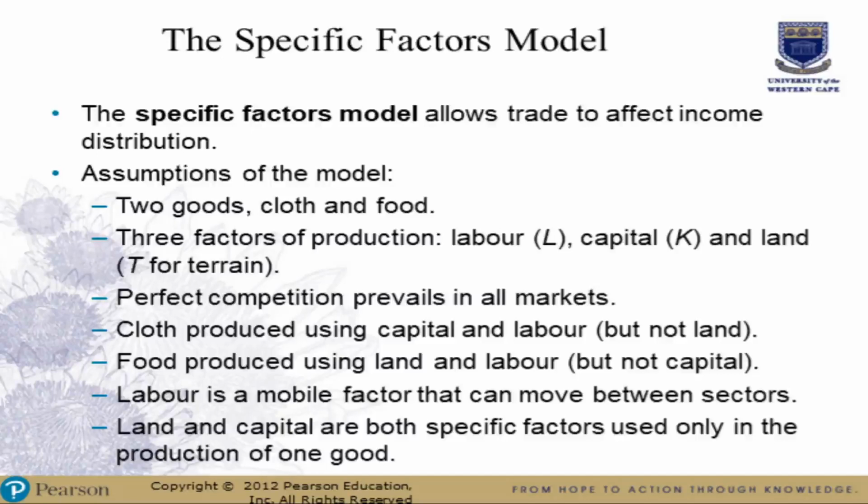Cloth is produced using capital and labor, but not land. And food is produced using land and labor, but not capital. Labor is the only mobile factor between the two sectors. Land and capital are both specific factors used only in the production of one particular good.